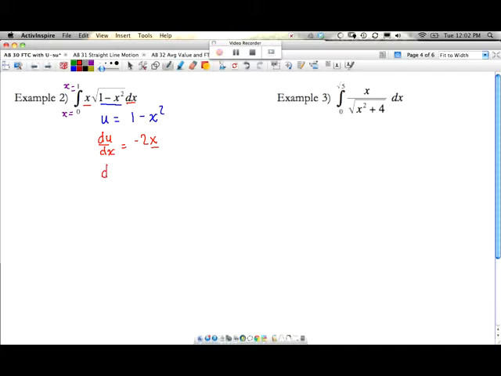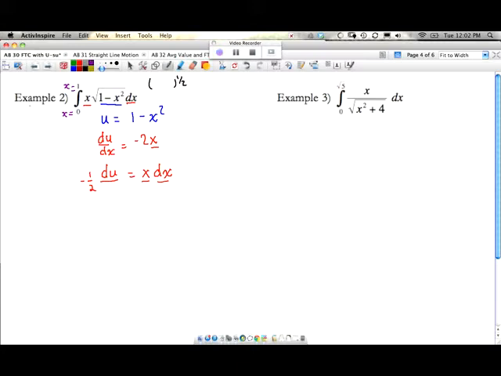Doing some algebra here, you would get du over negative 2, or negative 1/2 times du, equals x dx. So now I can substitute those two pieces out as well. And remember that square root really means something to the 1/2 power. That's going to make it a little bit easier for us as well.